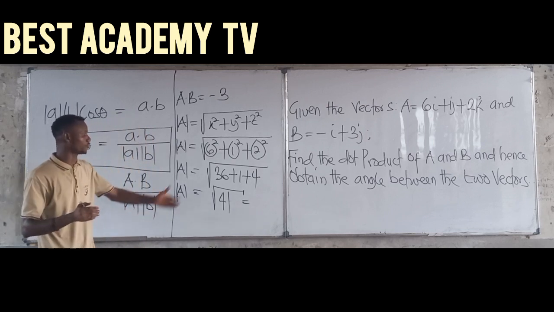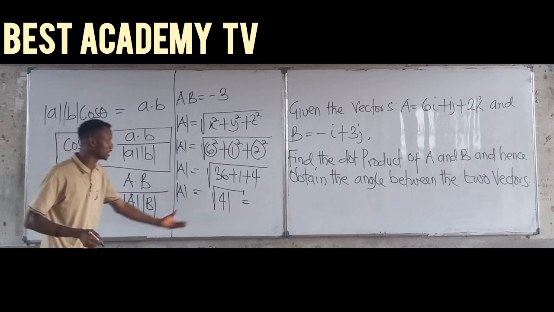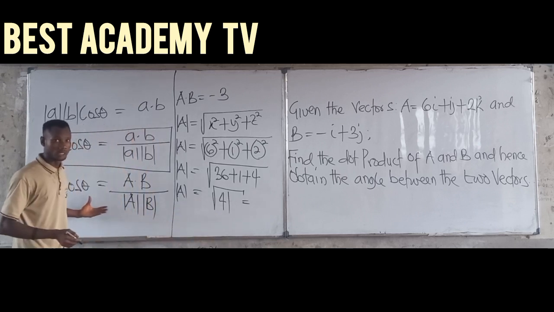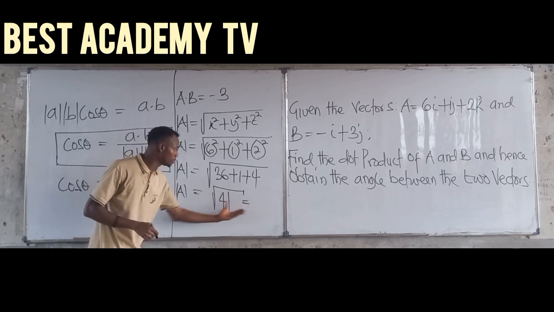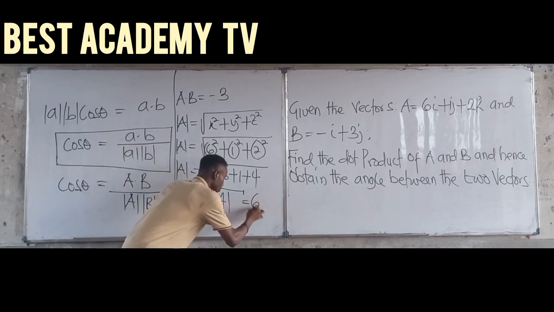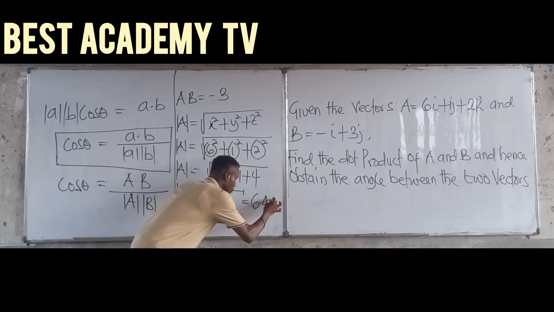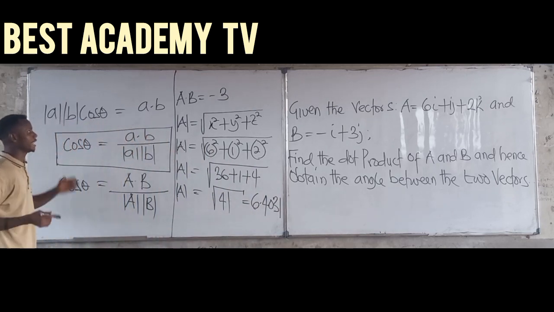That is the reason for our 4 figure table. So to get the right answer here for theta, since I'm going to use this guy to solve for theta, that means I'm going to approximate this to 4 decimal places. What is the value of this? 6.4031. Please take it. So we have known our A magnitude.